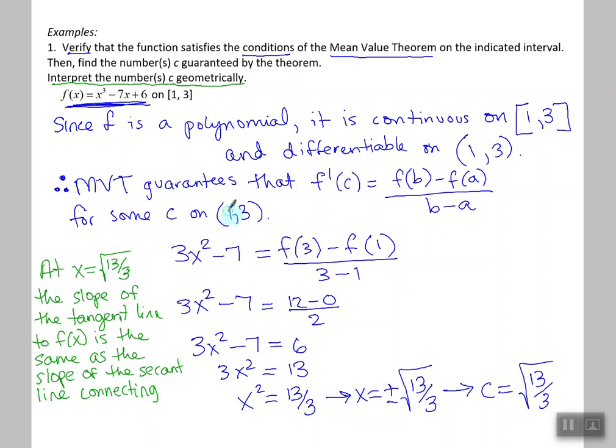Well, the x value 1 gave us the y value 0, so 1, 0. And the x value 3 gave us the y value 12. Another way to say this is the tangent line at square root of 13/3 and the secant line connecting those 2 points are parallel.